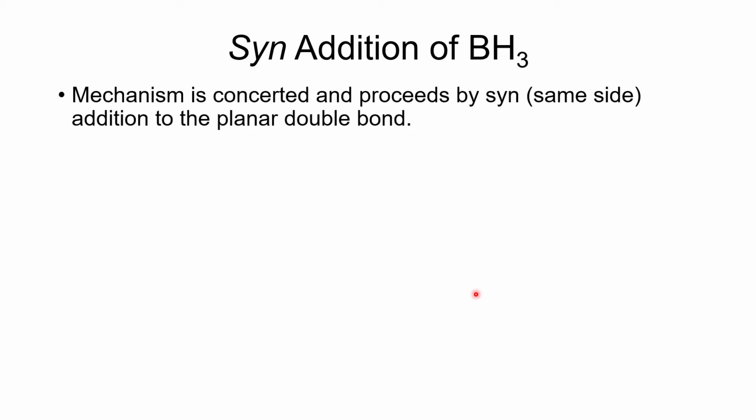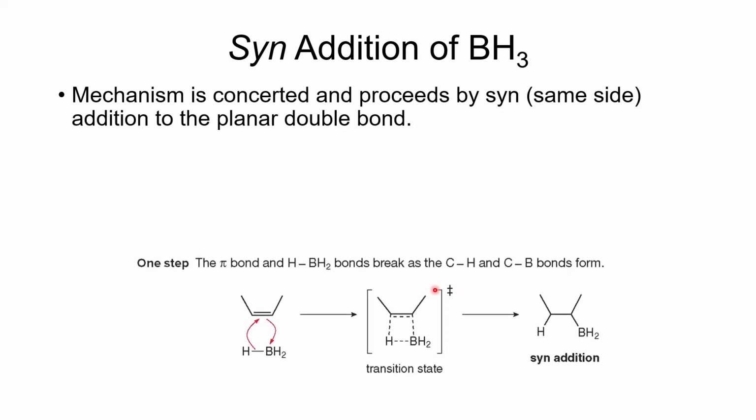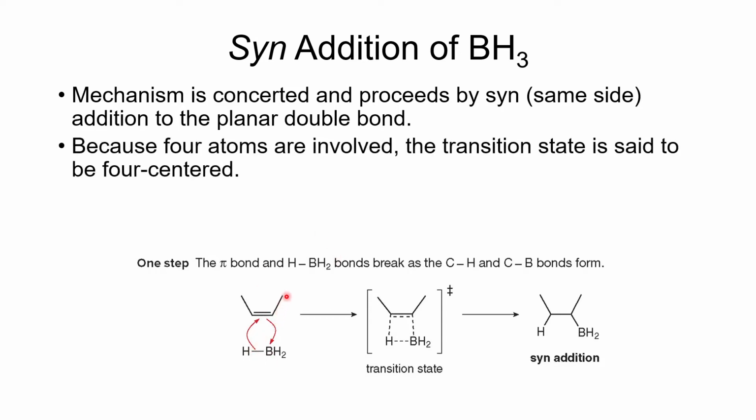All right, so here is the mechanism of doing that syn-addition. This is an unusual mechanism, something that we have not seen before. And so it's a four-centered transition state.